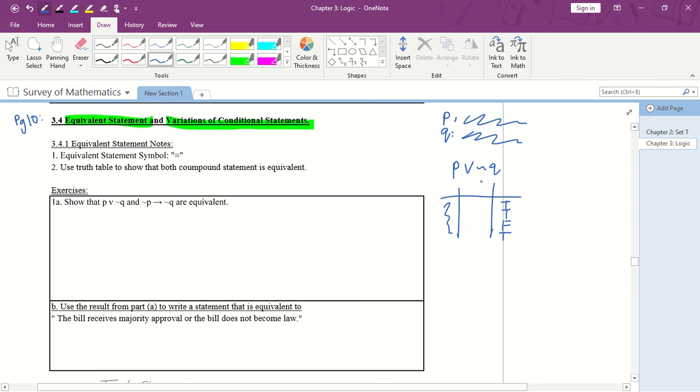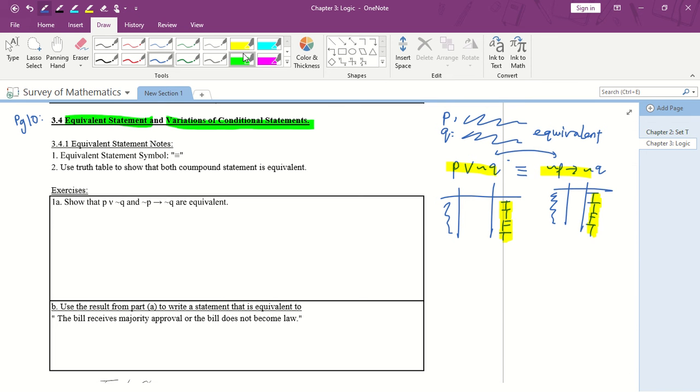However, if you do another compound statement and also use P and Q with true, true, false, false, and you get true, true, false, true too, that means that if the compound statements have the same final answer in their truth tables, both of them are equivalent.